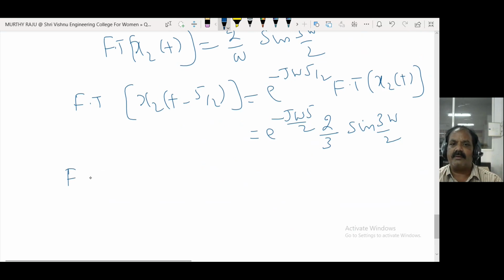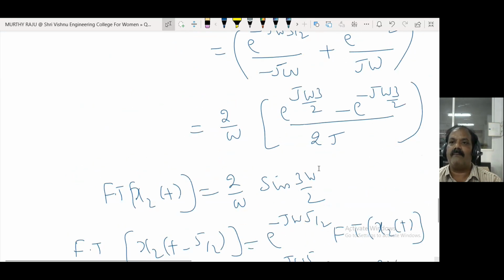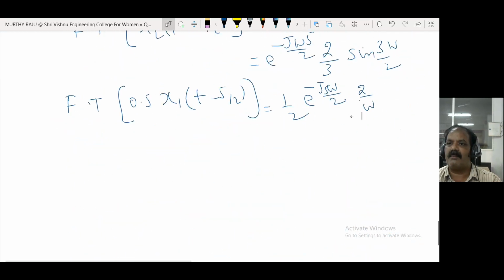The Fourier transform of 0.5 x1 of t minus 5 by 2 is 1 by 2 e power minus j omega 5 by 2 times the Fourier transform of x1 of t, which was already derived as 2 by omega sine omega by 2.